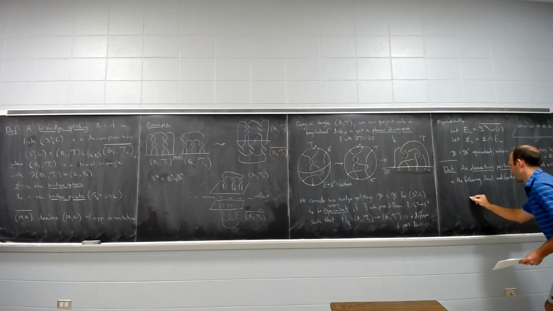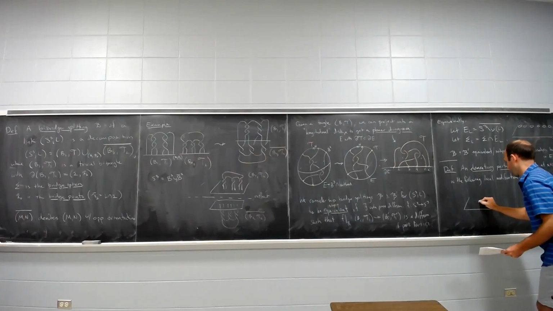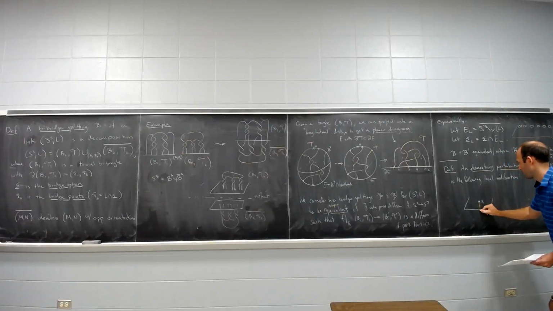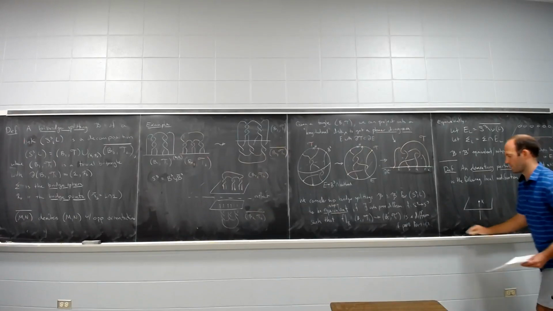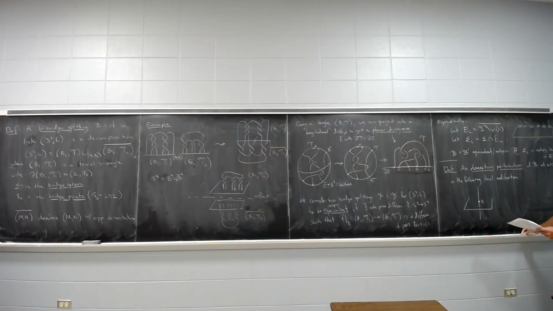Okay, so somewhere in our bridge splitting, we have a point X, which has a piece of tangle 2 going down and a piece of tangle 1 going up.